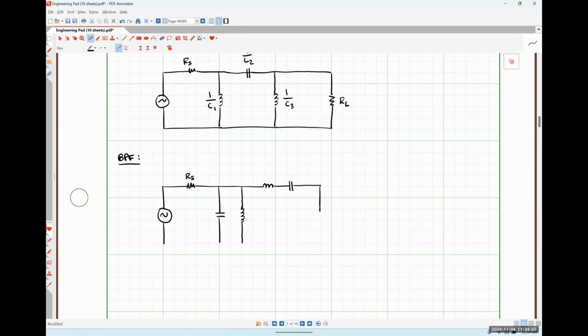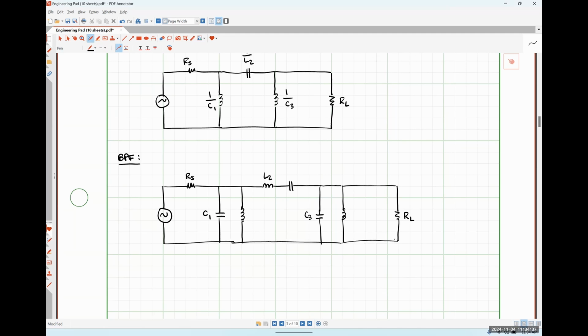So from our low pass filter here, our third element, so let's call this C1, L2, this guy is going to be C3. So in parallel with C3, we're going to put some inductance. And then there's our load resistance, like so.